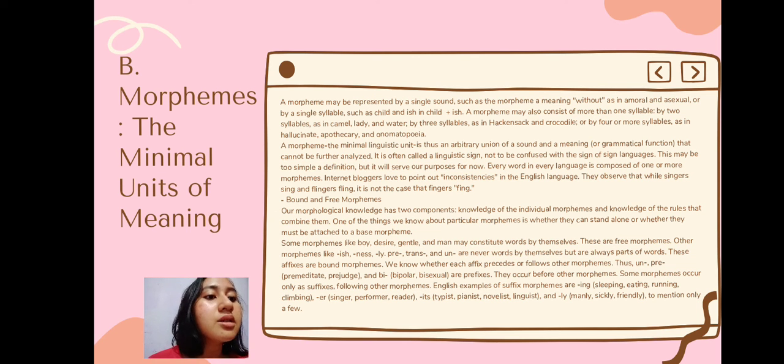English examples of suffix morphemes are -ing, as in sleeping, eating, running, climbing; -er, as in singer, performer, reader; -ist, as in typist, pianist, novelist, linguist; and -ly, as in manly, sickly, friendly, to mention only a few.